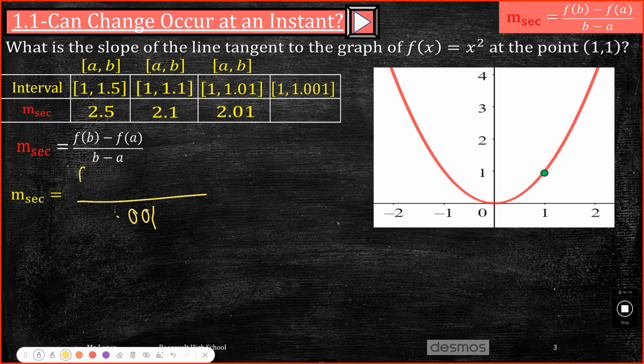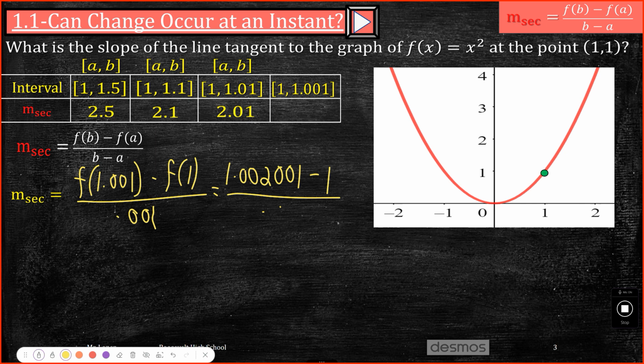At the top is f of 1.001 minus f of 1. So 1.001 squared gives 1.002001, minus 1, over 0.001.